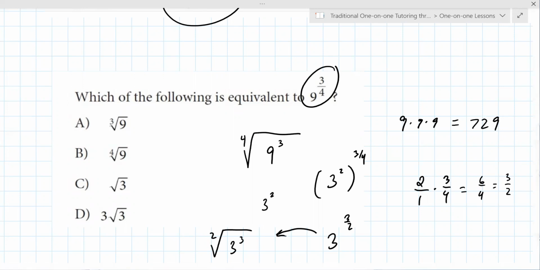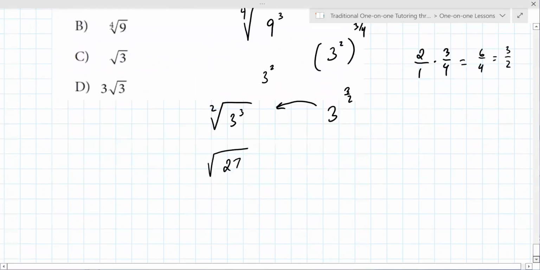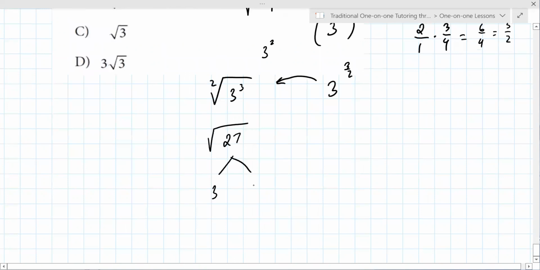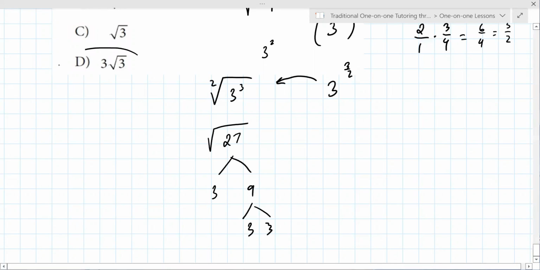Do you agree with that? Yeah. So what is 3 to the power of 3 though? 27. And how do you reduce a root? Build a factor tree. Oh, so okay, so it'd be D. Yes.